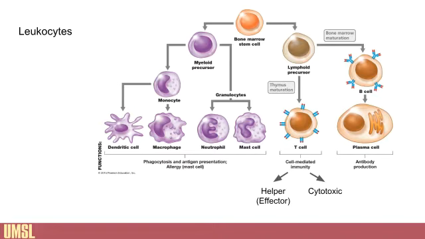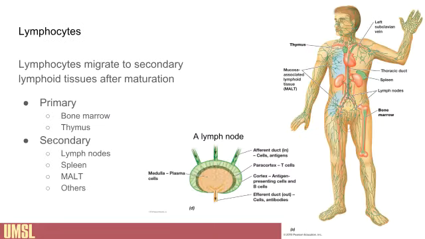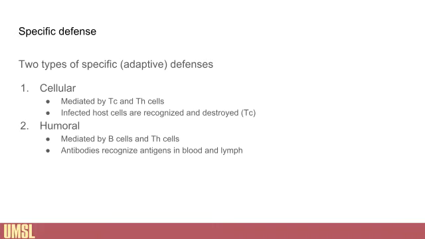Yes, these two, and I'm drawing a blank on neutrophils. I don't think they are. Yes, so these two and B cells are also antigen-presenting cells. Okay, any other questions?